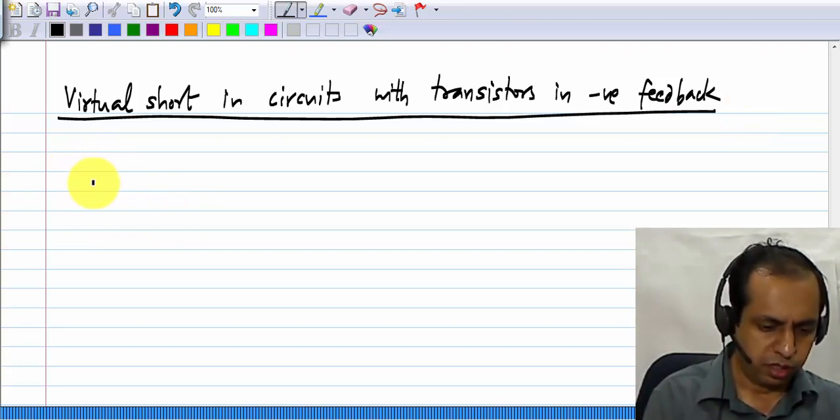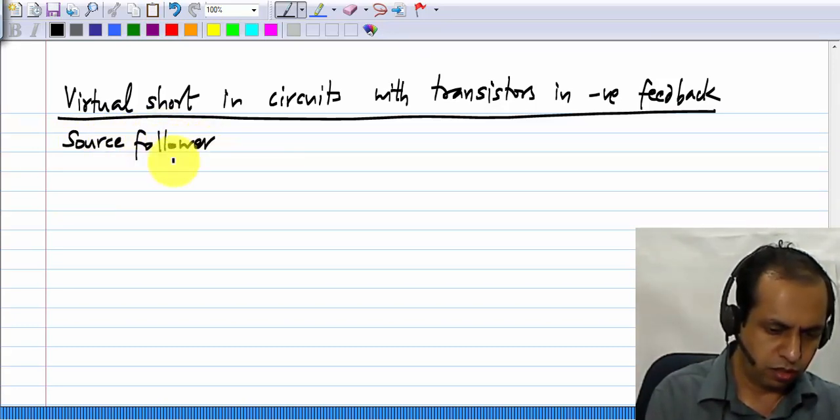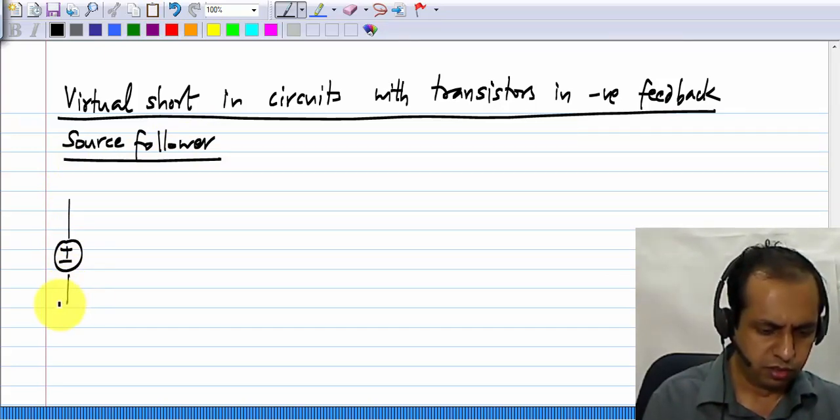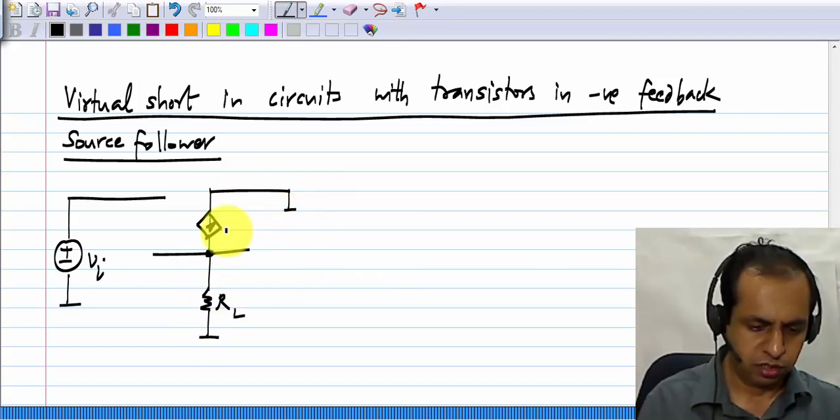Now the incremental picture of the source follower is like this. Just for simplicity, I'll omit the resistance of the input source. This is the load resistance.